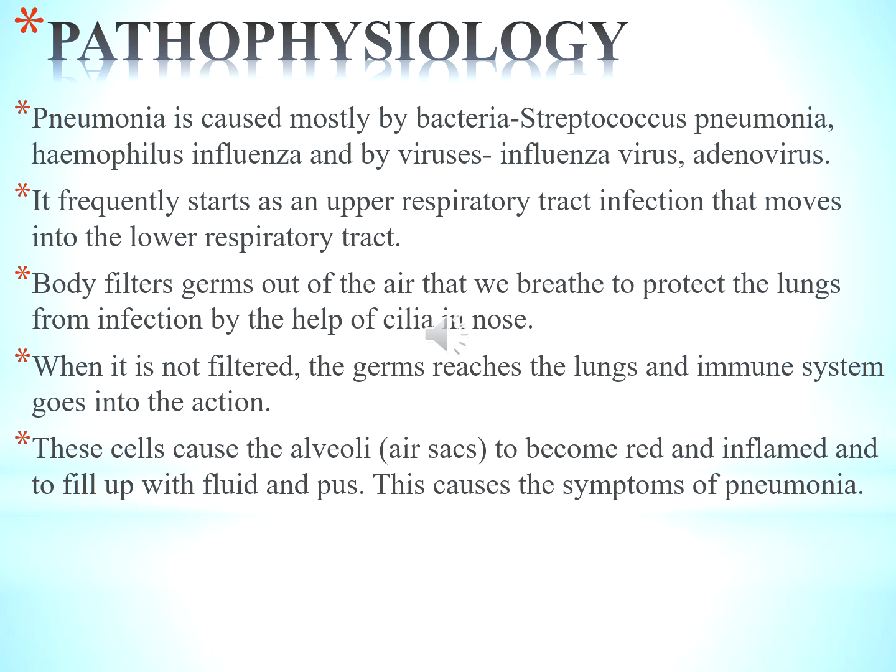The body filters germs out of the air we breathe to protect the lungs from infection with the help of cilia and nerves. When it is not filtered clearly, the germs reach the lungs and the immune system goes into action. These cells cause the alveoli to become red and inflamed and filled up with fluid and pus. This causes the symptoms of pneumonia.